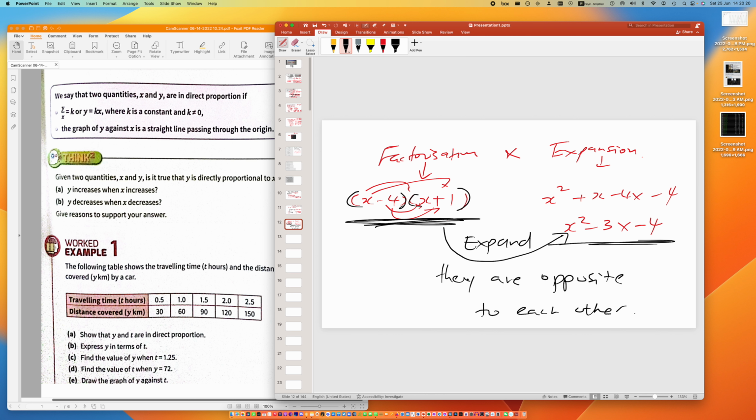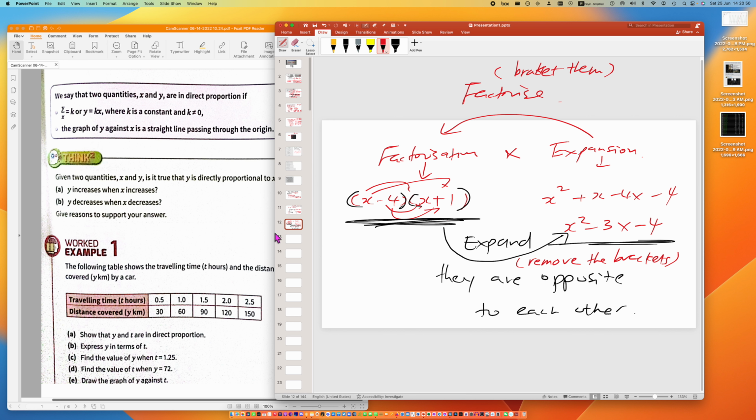And this one, you factorize, you get this. So expand means remove the brackets, and factorize means bracket them. Does it make sense?